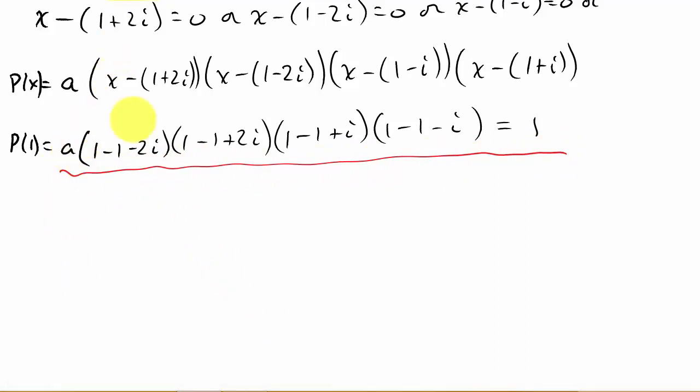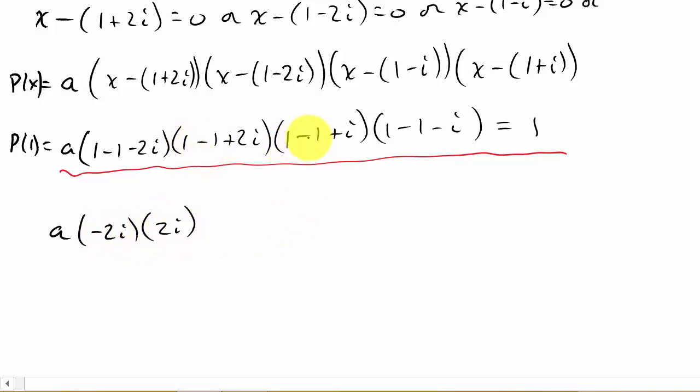Look, 1 minus 1 is 0, so the first factor is negative 2i, then 0 plus 2i, then 0 plus i, then 0 minus i. And that equals 1. That worked out pretty well.